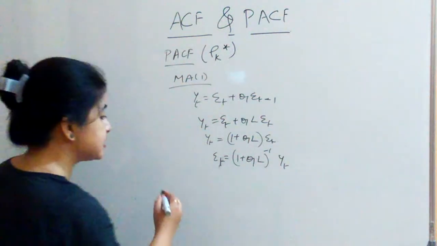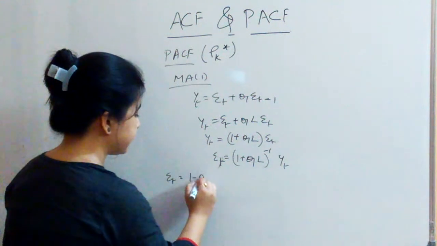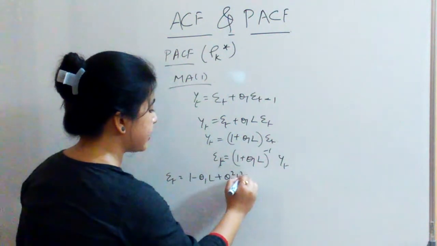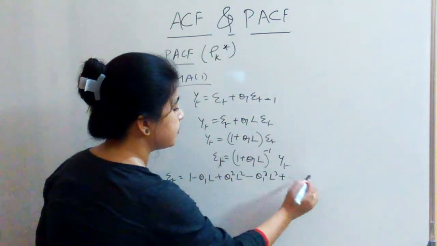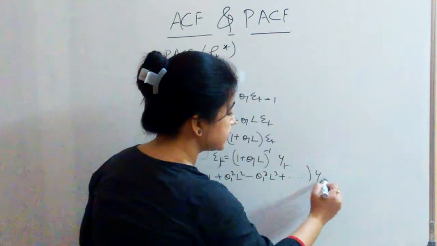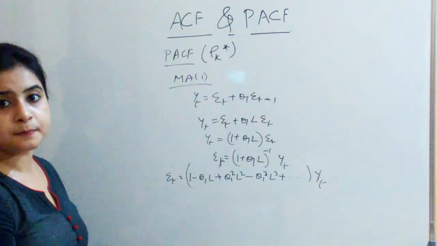Now expanding this series, epsilon t is equal to 1 minus theta 1 L plus theta 1 square L square minus theta 1 cube L cube plus dot dot dot. So it's going on like this, and at the end we have yt multiplied with it.